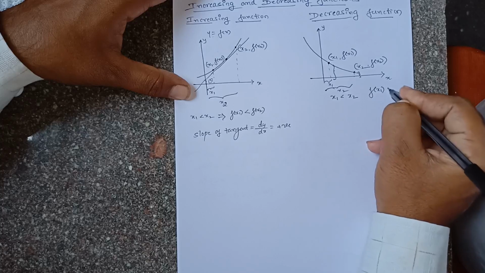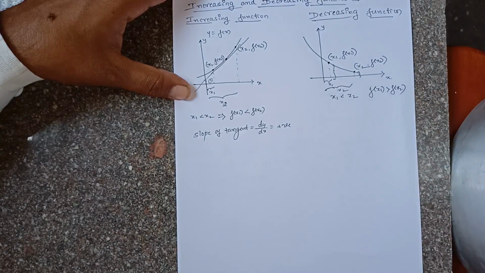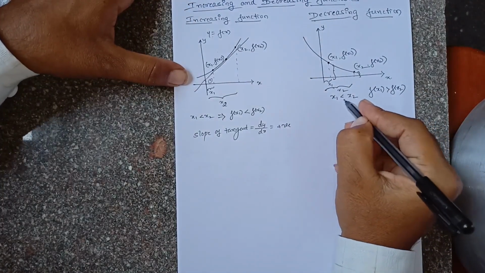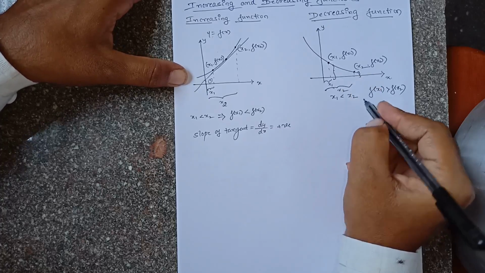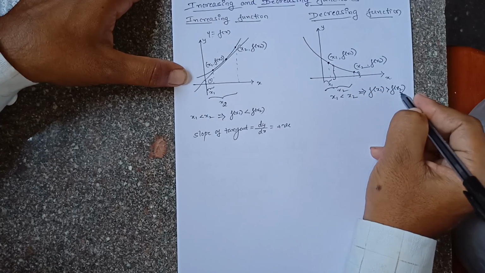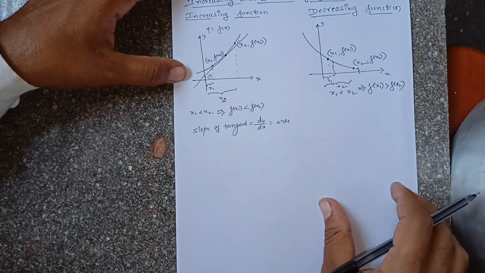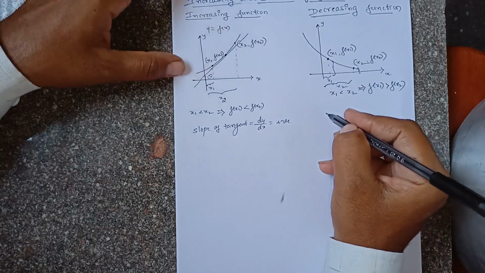Here you are observing f of x1 is greater than f of x2. Means you can conclude that for x1 less than x2, 2 points on the curve, suppose it implies f of x1 is greater than f of x2, then we can say that type of function as a decreasing function.